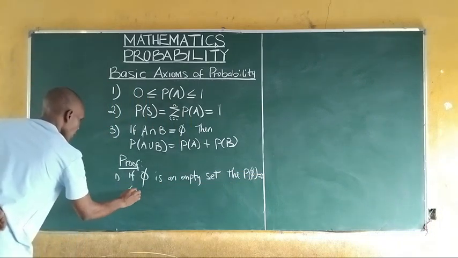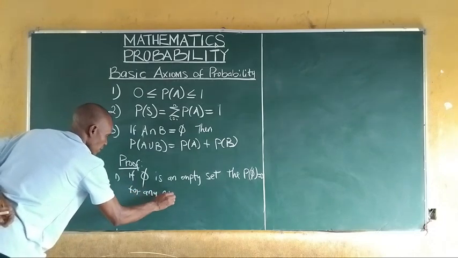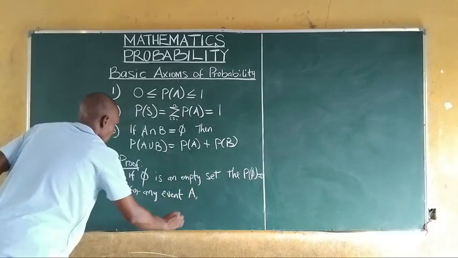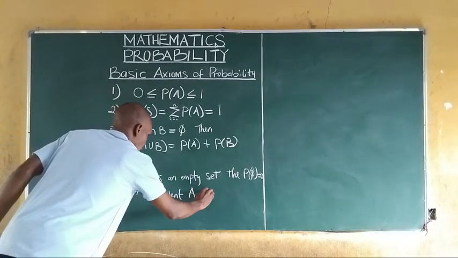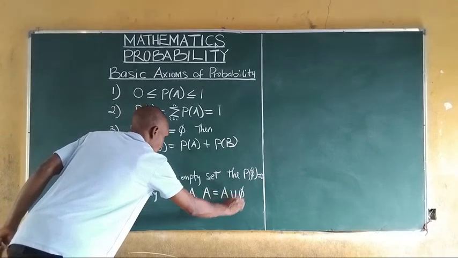It means that for any event, A is equal to A union empty set.